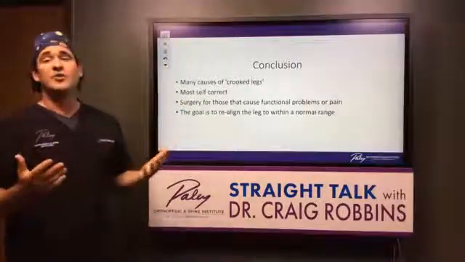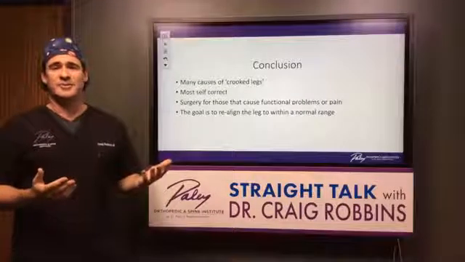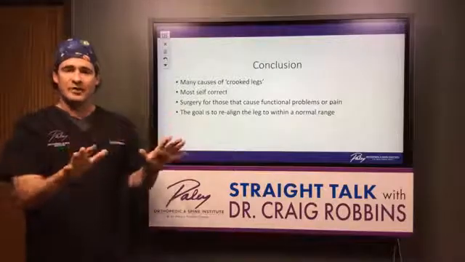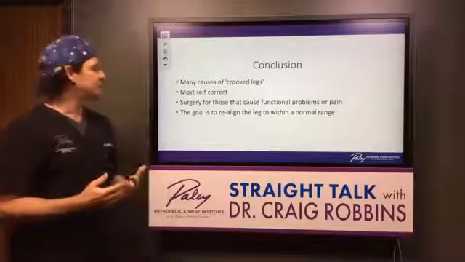So in conclusion, there's many causes of crooked legs. In the beginning of this talk, I showed you some examples of feet and rotational problems such as in-toeing or out-toeing, and these are topics for future Facebook Live sessions we'll do from the Paley Institute.